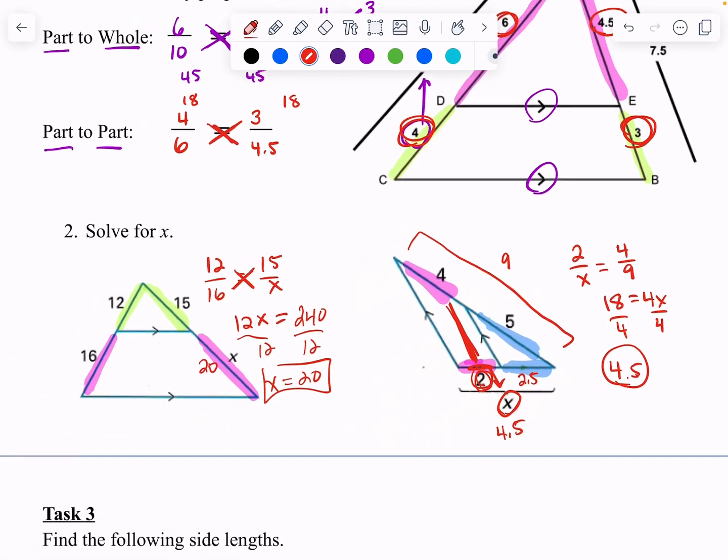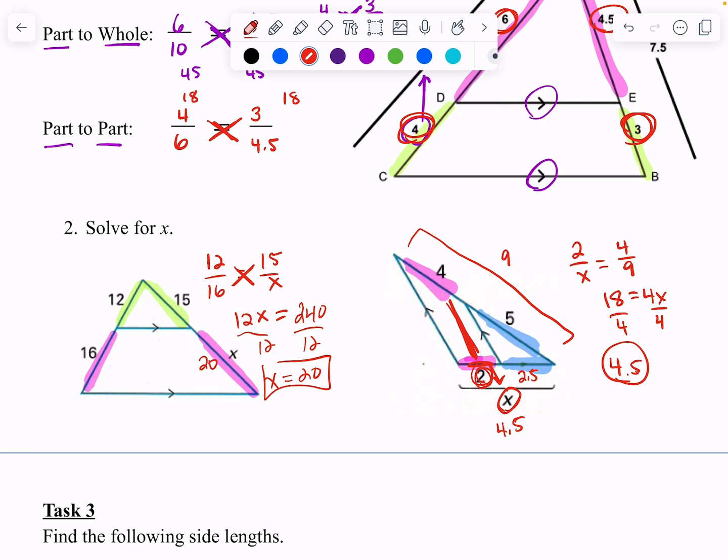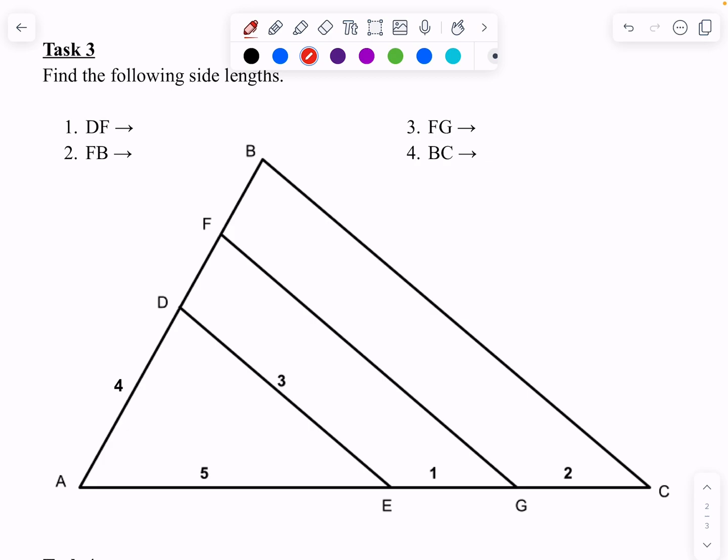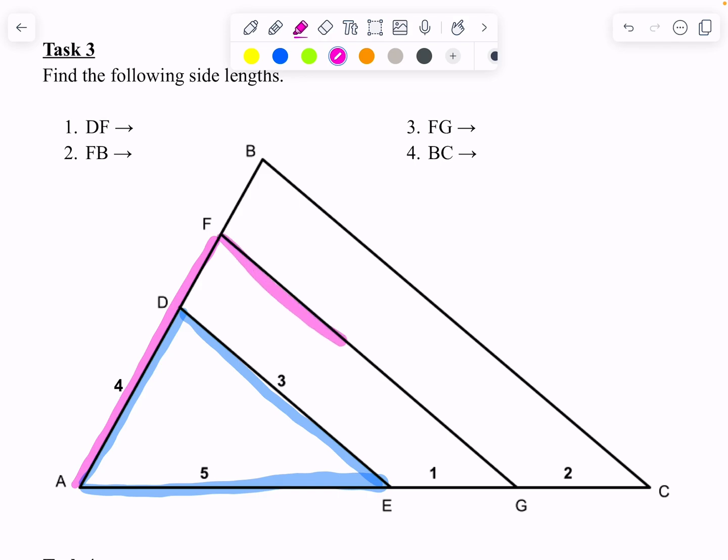So let's look at some more numerical examples and also ones that get a little bit harder. So we're putting in a larger triangle with multiple side splitters. You can think about this as we've got this blue triangle here, and then we've got one larger than that, this pink triangle here, and then we've got one even larger than that, this green triangle here.